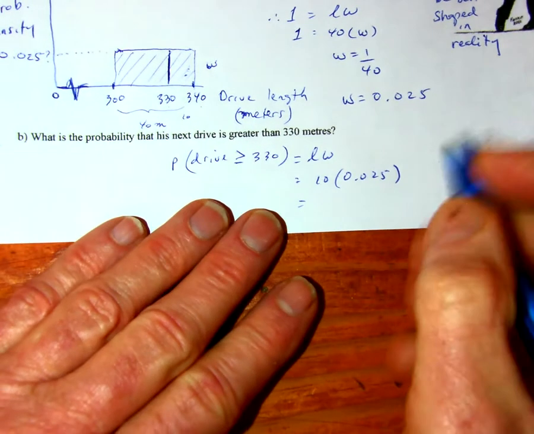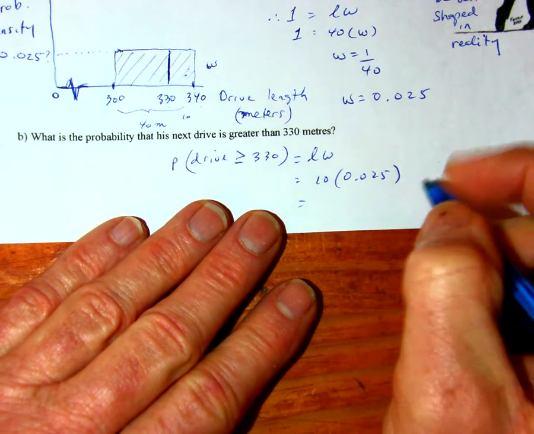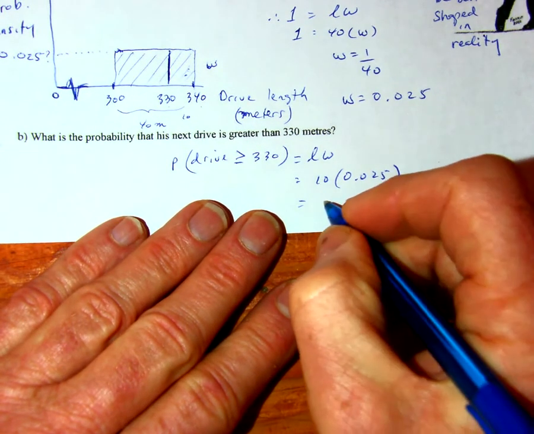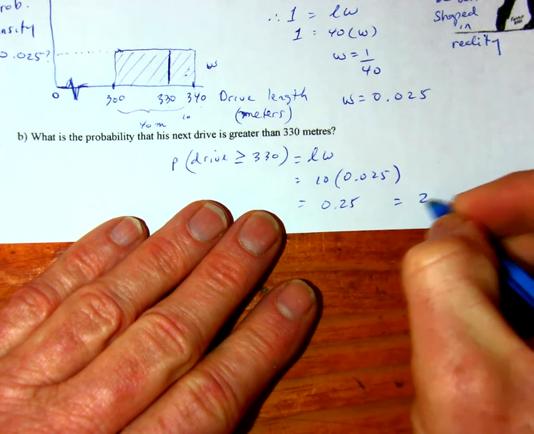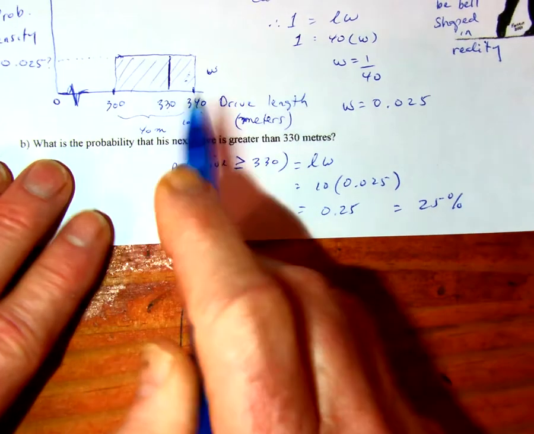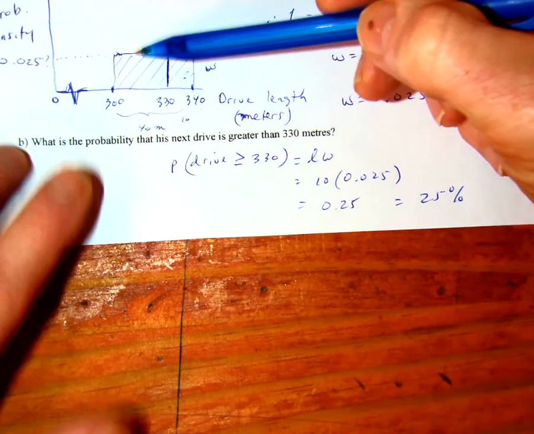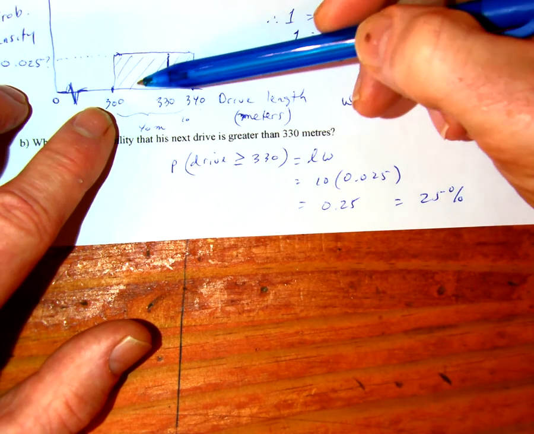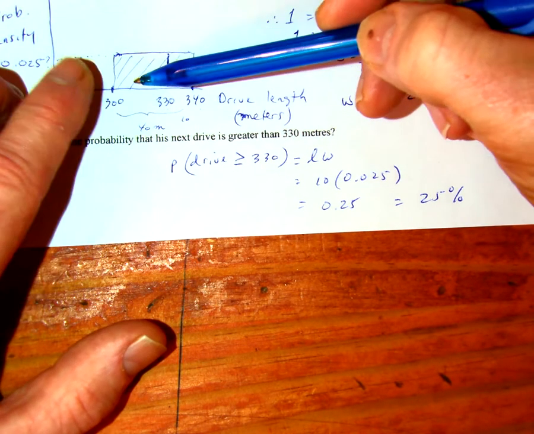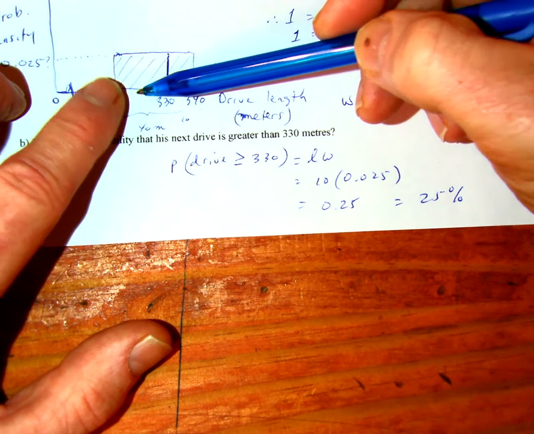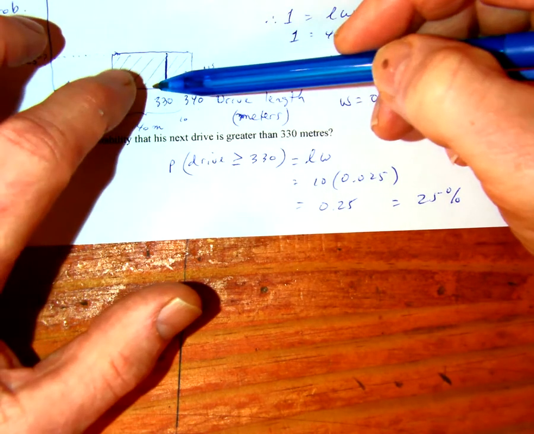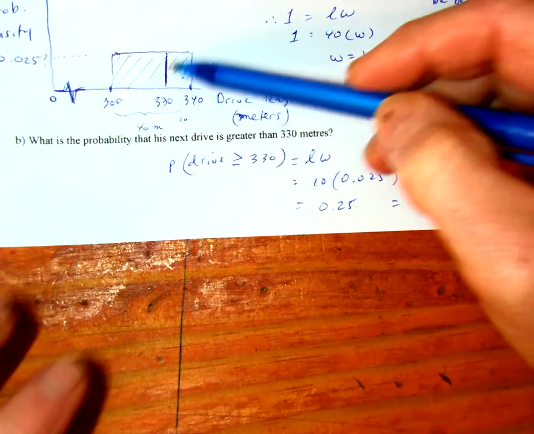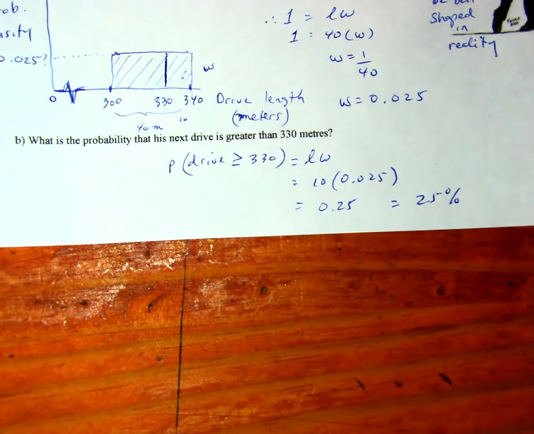So the probability is going to be 0.25, which equals 25%, which makes sense. If you chop this into 4 pieces, 25% of the time it's going to be between 300 and 310, 25% between 310 and 320, 25% between 320 and 330, and lastly 25% between 330 and 340. That makes sense.